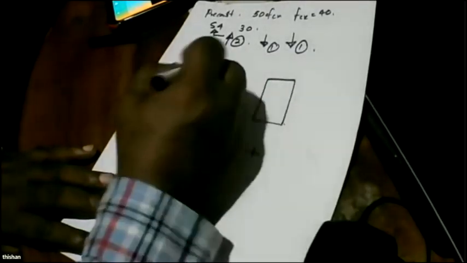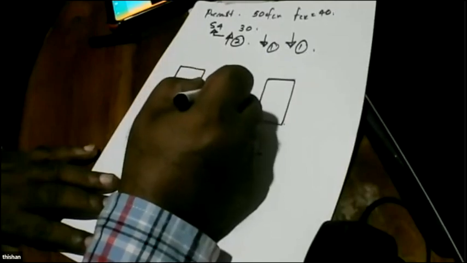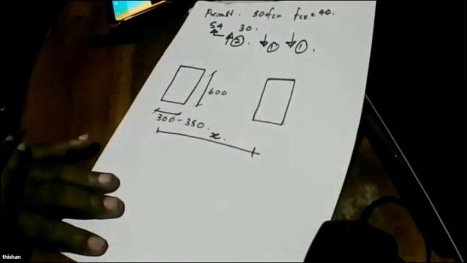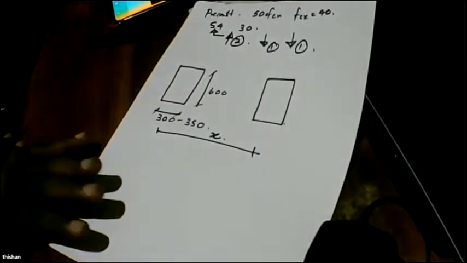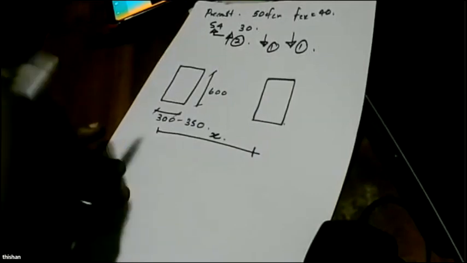So that's another important parameter. And let's say we are going to have a depth of about 600 millimeters. Right? This is a typical case. I'm trying to tell you how to think about it.